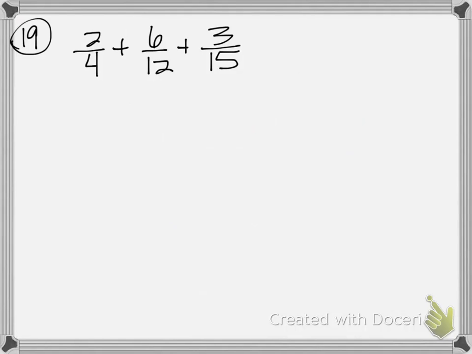Now you could work with them like this too, but you're dealing with 15, 12, and 4. A least common multiple between those three numbers probably will end up being, I would guess, in the hundreds. But if we reduce it, 2 fourths, that's the same thing as what? Two fourths reduced? How about 1/2?